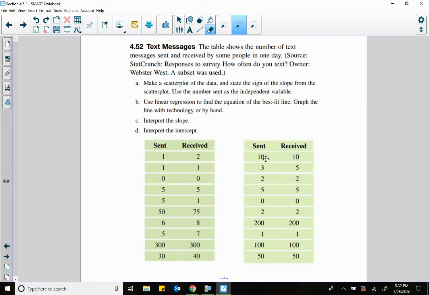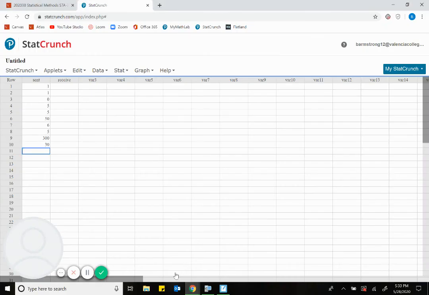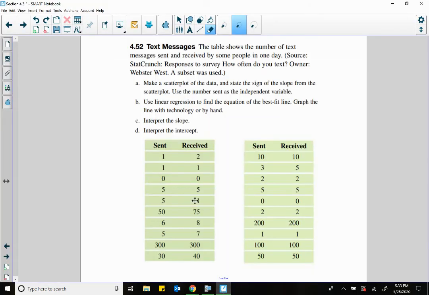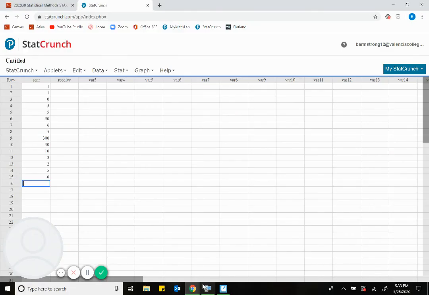And then we've got 103250. And 200, 150. I keep pushing the wrong stuff.